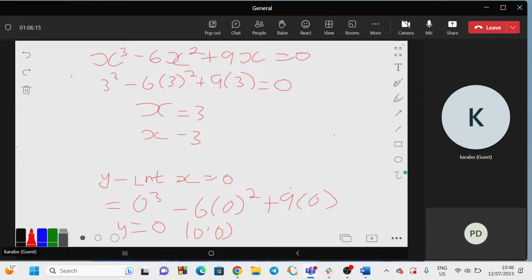Did you verify that that is exactly 9? Everything that you just did there, did you make sure that it equals 0?